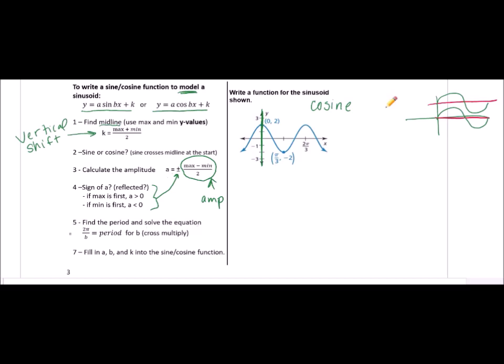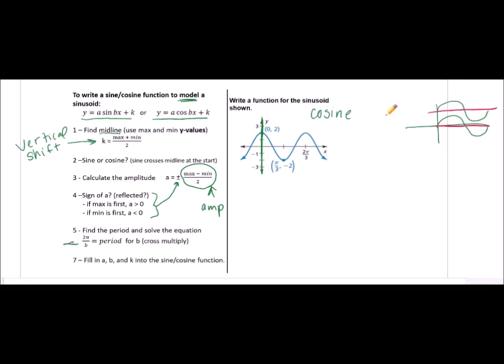Next, find the period and solve the equation for B. So this time you're going to be given P, and you have to reverse it out and solve for B. But here's a little hint: when you solve it, B and P, the period, just change places.